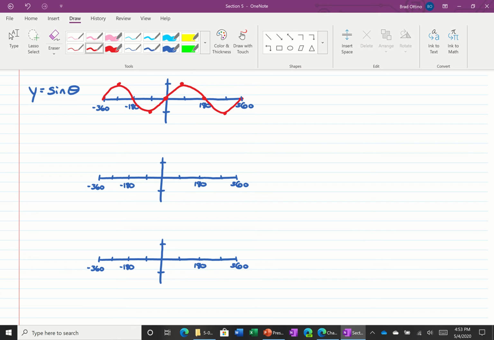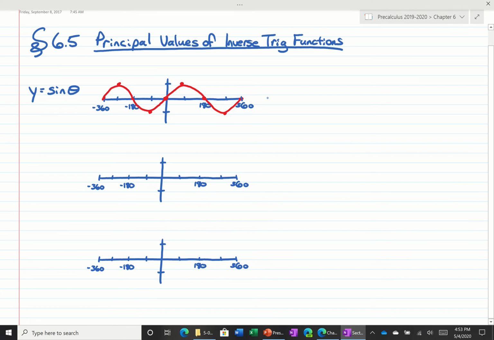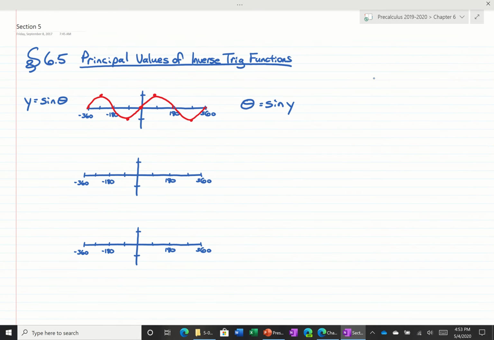Now if we were going to graph the inverse, so let's say we are graphing theta is equal to the sine of y, what we're doing is we are switching the x and the y axes. So we're going to have 1 here, we're going to have -1 here, 90, 180, 270, 360.